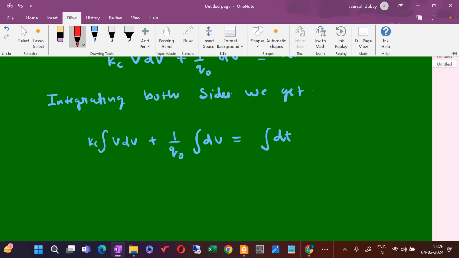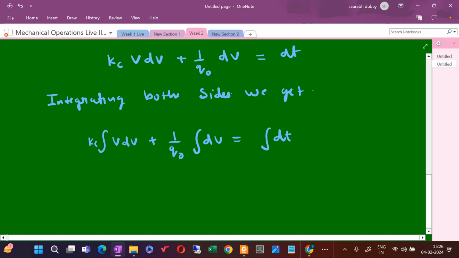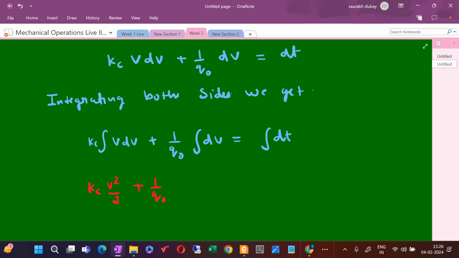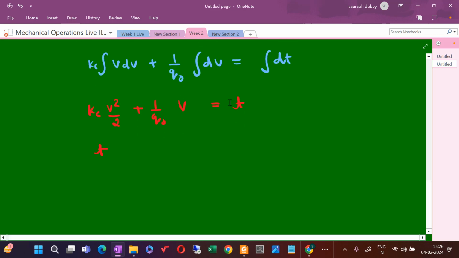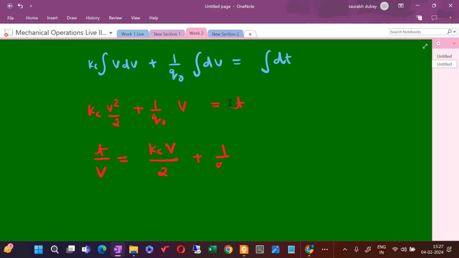And when you go a step ahead in this, so this will be Kc, integration of V dV will be V square by 2, plus 1 by q0, integration of dV is V, equals to T. So when you rearrange it, you will be getting T by V equals to Kc V divided by 2 plus 1 by q0.